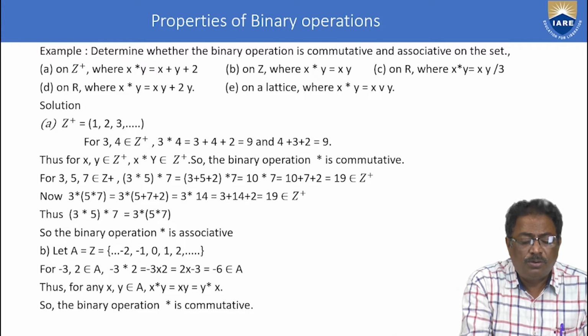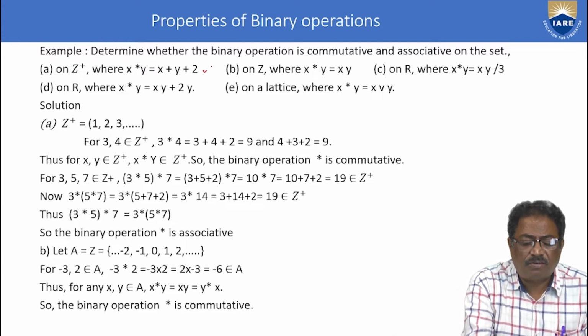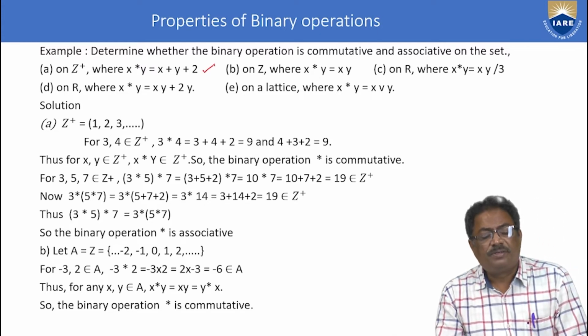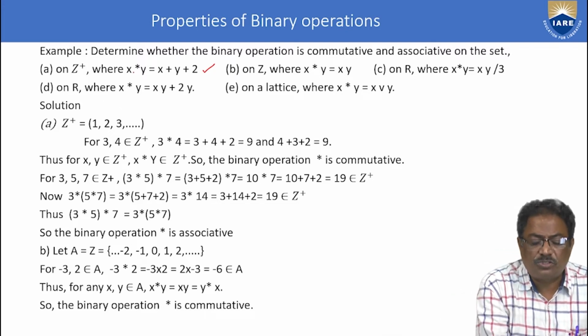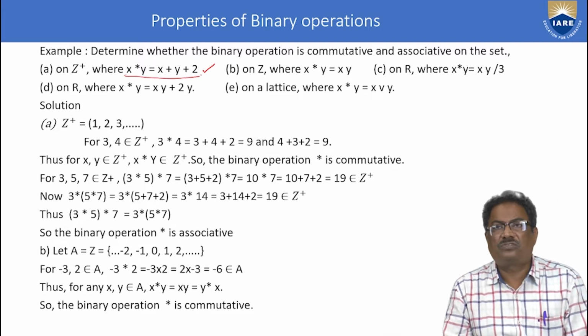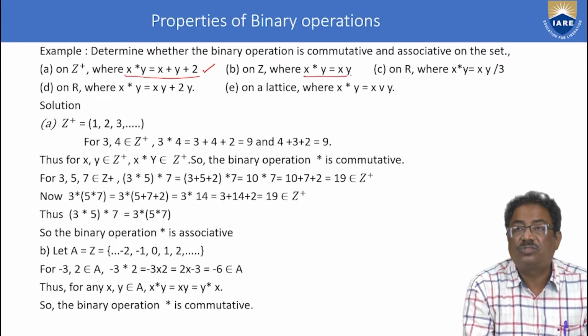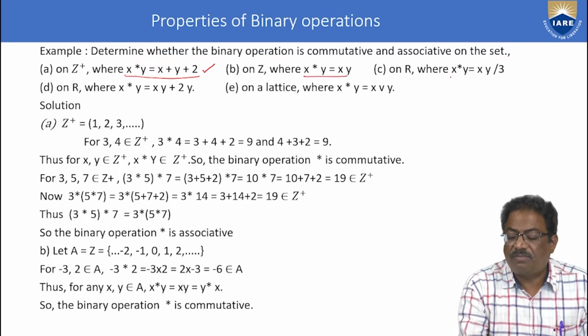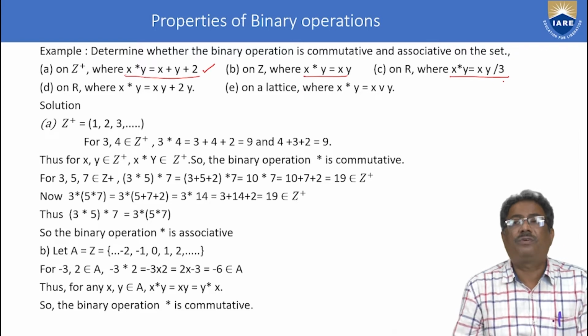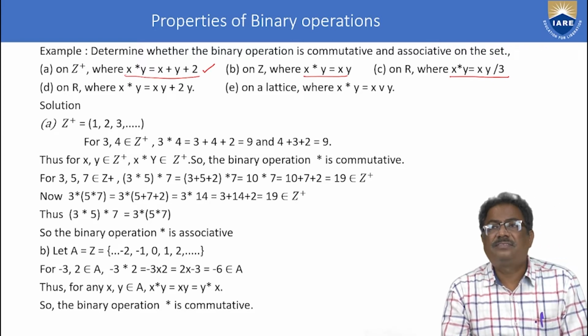Now on Z, x star y is equal to x plus y plus 2. Another one is x star y is equal to xy, and x star y is xy by 3. We have to verify under these whether the operation is commutative and associative or not.